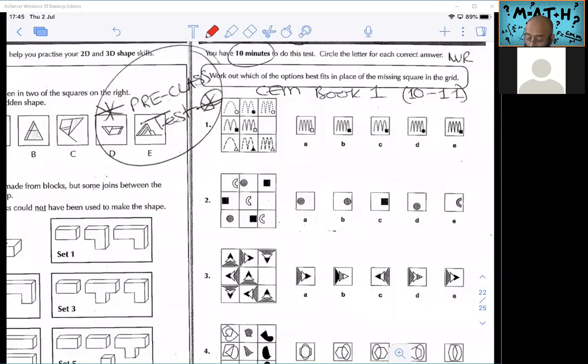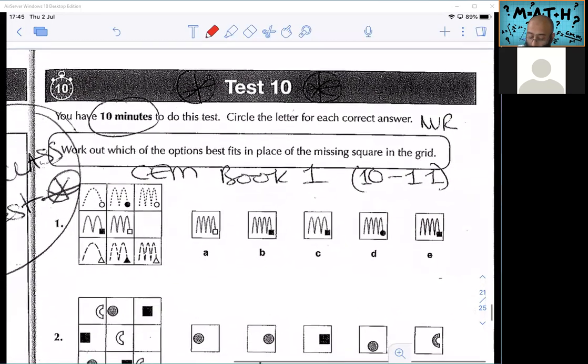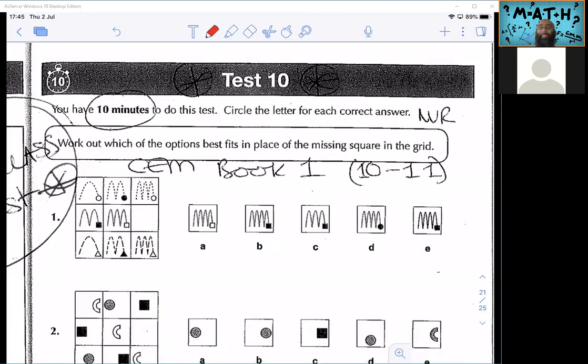Okay, question test 10. Folks, we're looking at test 10 in non-verbal reasoning, CEM book 1, 10 to 11 age, and we're looking to work out which of the options best fits in place of the missing square in the grid. So let's have a look at what pattern's going on.